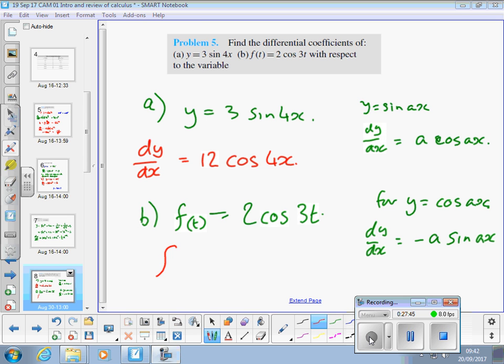F dash t is equal to, Jack? Minus 6 sine 3t. You could do, yes, but it depends on the application and the problem you're looking at.